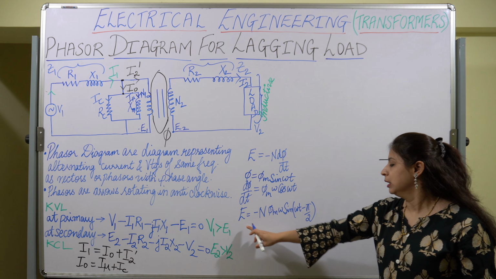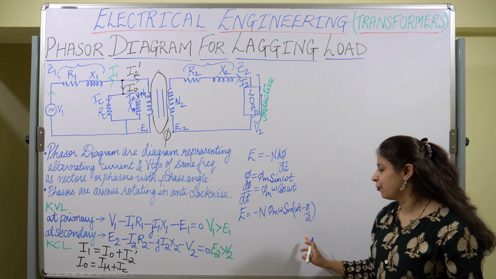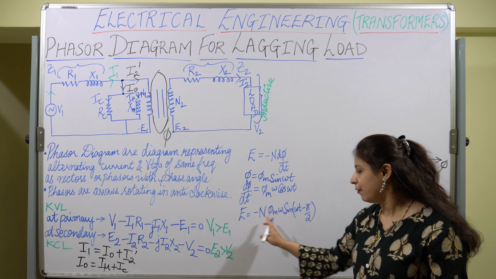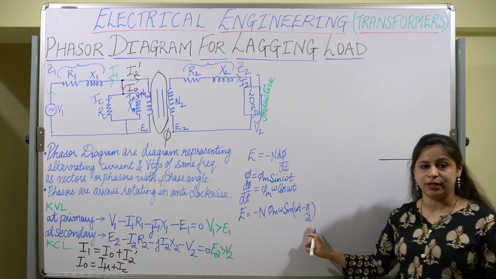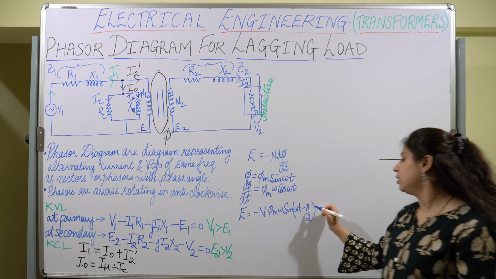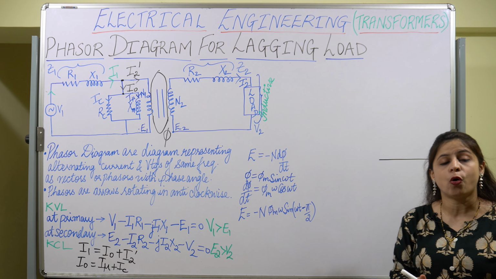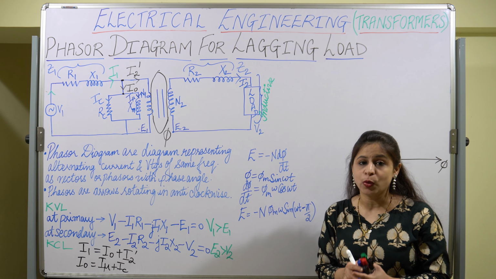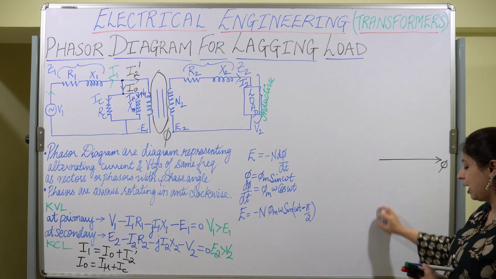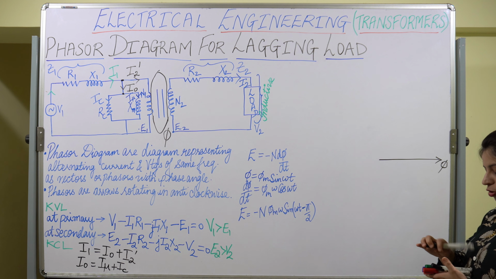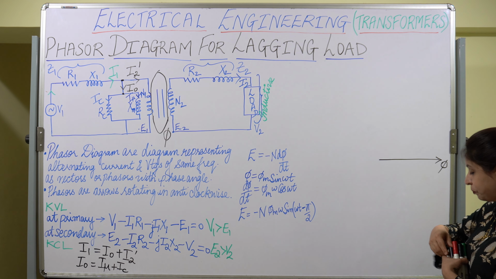So that's why the phase difference between the EMF and flux is 90 degrees. We have seen that the phase difference between the EMF and flux is always 90 degrees. That's why we will be drawing our EMF with a phase difference of 90 degrees. So let us start drawing our EMF.